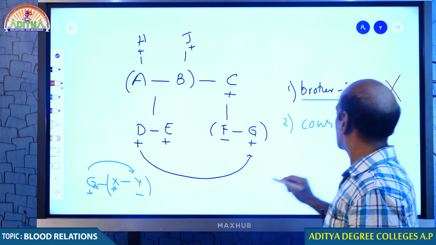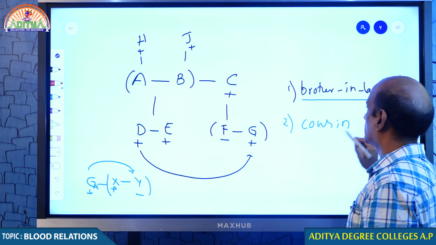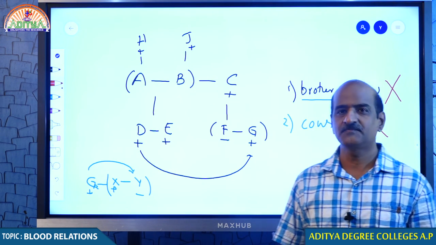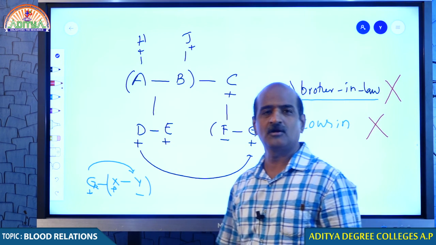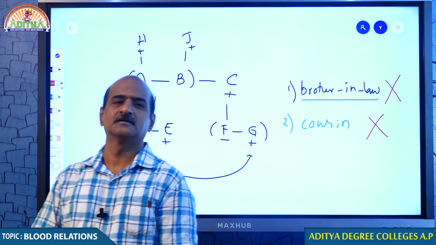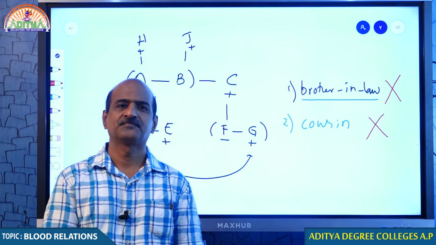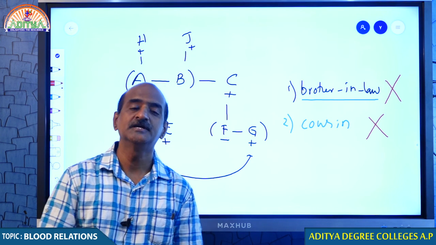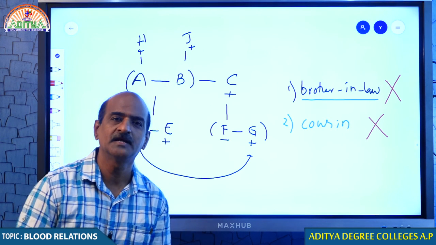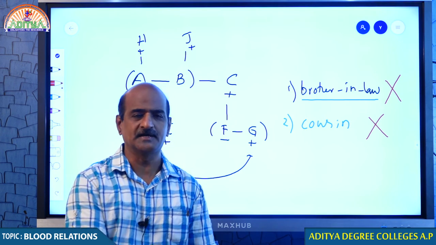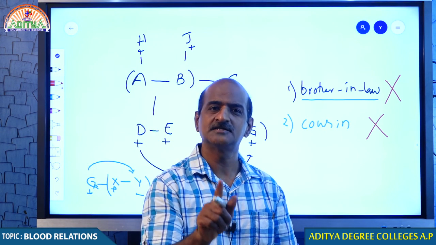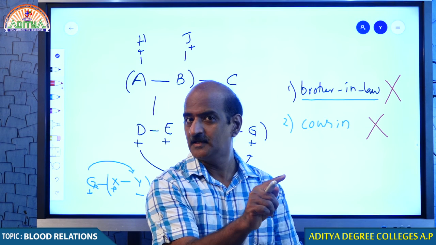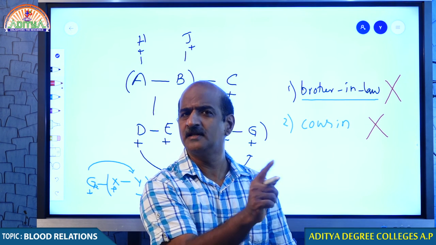Number 2, somebody said cousins. Again, my point is cousin is the wrong answer. You know why? Because D and G are not blood related. They don't have any blood relation. G comes into the family only after marriage. My dear students, after marriage, if you go to any other family, then your relations will be in-law only.